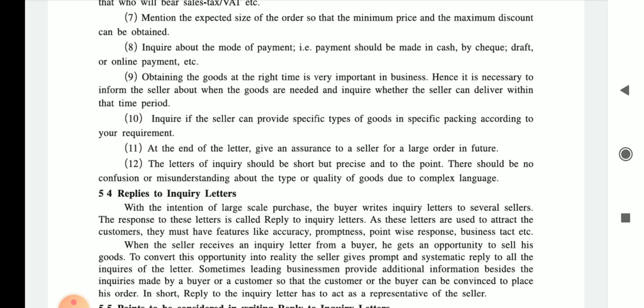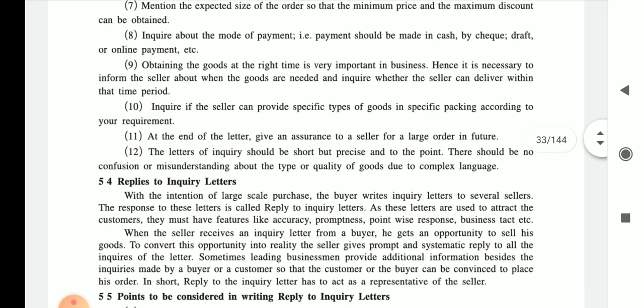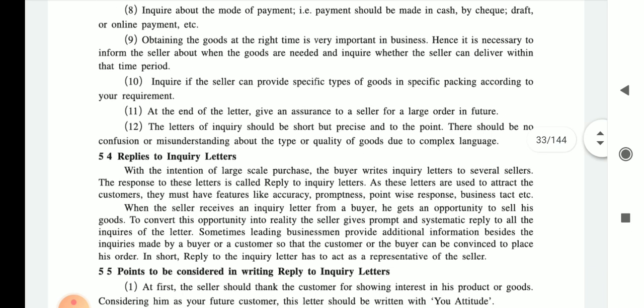You have to make clear how you will pay the amount, and how the businessman accepts the payment, in cash or by check or through online payment, net banking. Obtaining the goods at the right time is very important in a business.